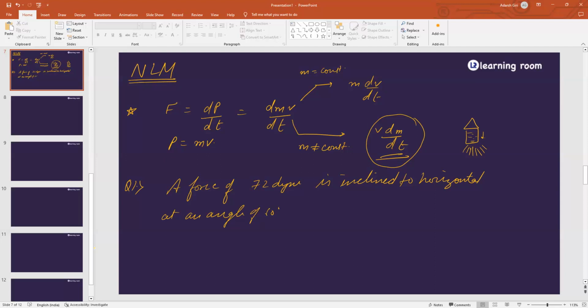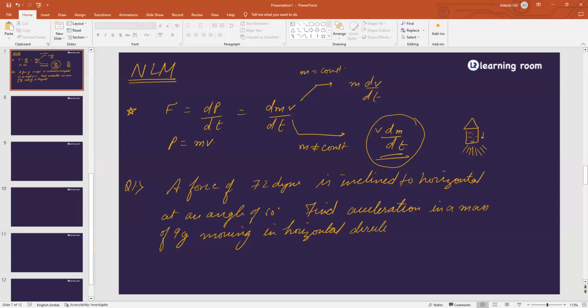Find the acceleration of a mass of 9 grams, which is moving in horizontal direction. Try to solve this.